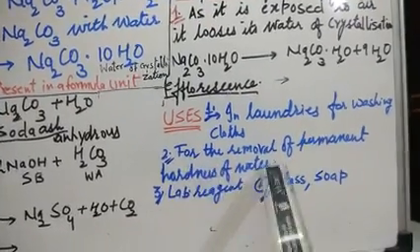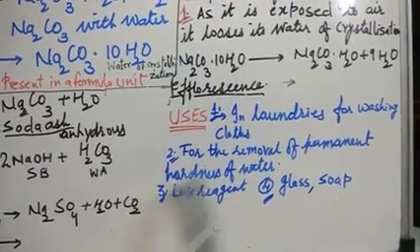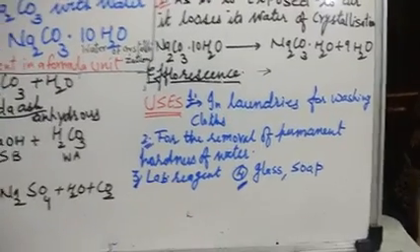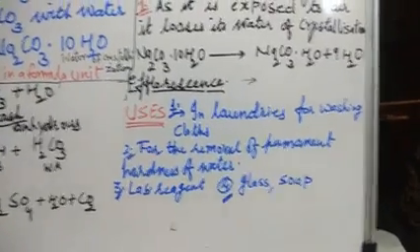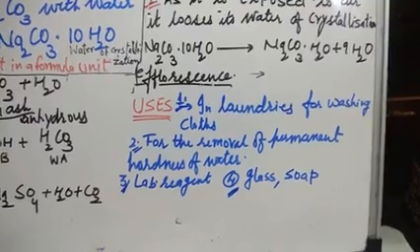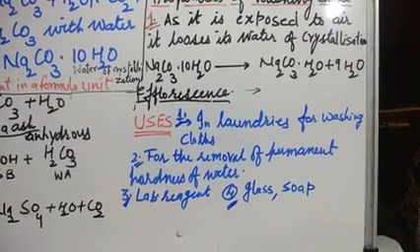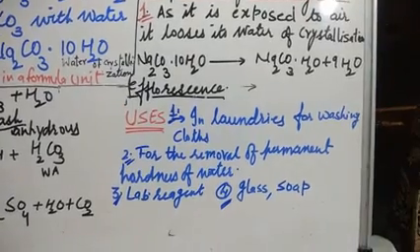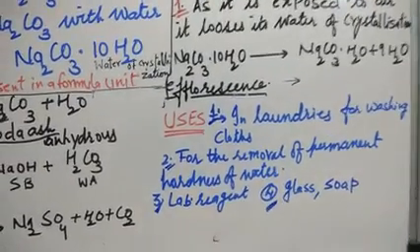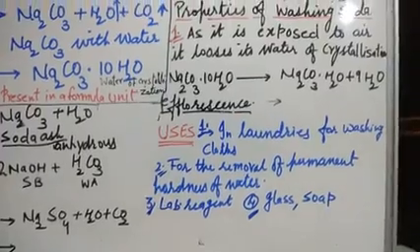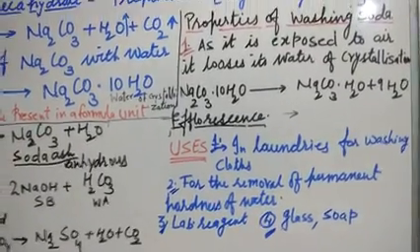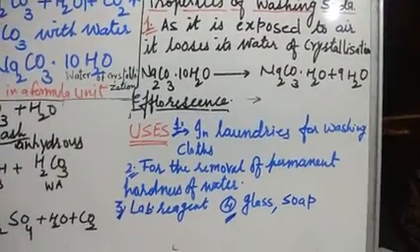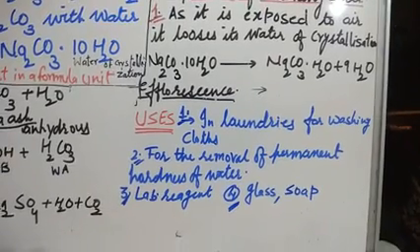Next is for the removal of permanent hardness of water. I think many of you do not know what hardness of water is. Sometimes some dissolved salts of calcium and magnesium are present in water, which makes the water hard. Water hard meaning, students, that water does not give lather with soap readily.